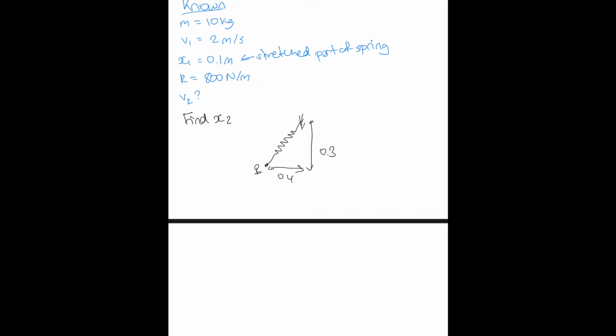That means we can know what this length is, L2, the length of the stretched spring. It's just going to be the square root of 0.3 squared plus 0.4 squared, and that's going to give us a value of 0.5 meters.